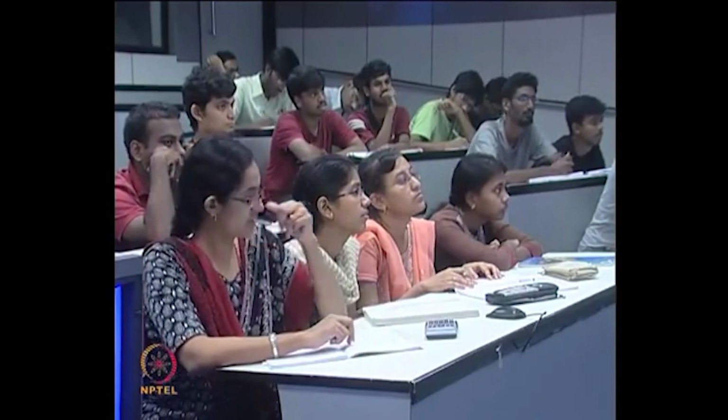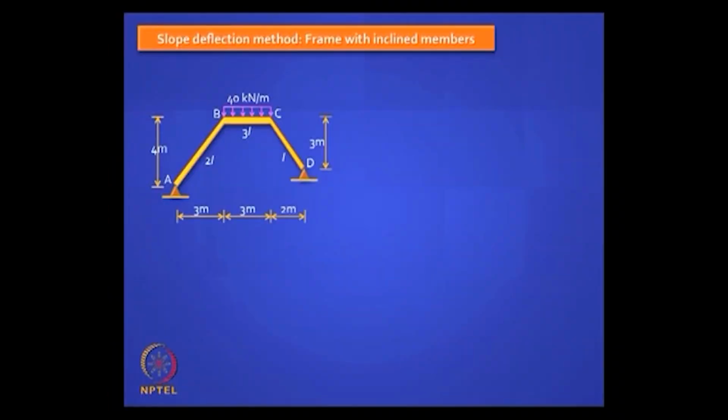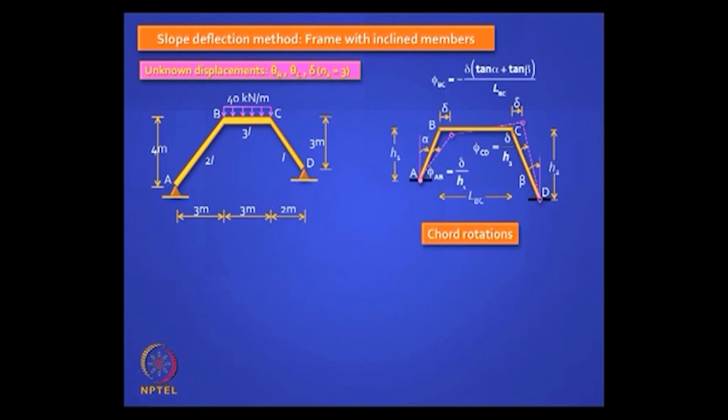What's your degree of indeterminacy here? Kinematic indeterminacy? 3? Okay, theta B, theta C and sway. Okay, fine. Theta B, theta C and the sway delta.